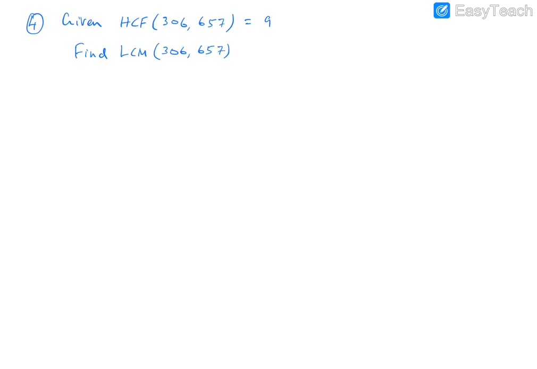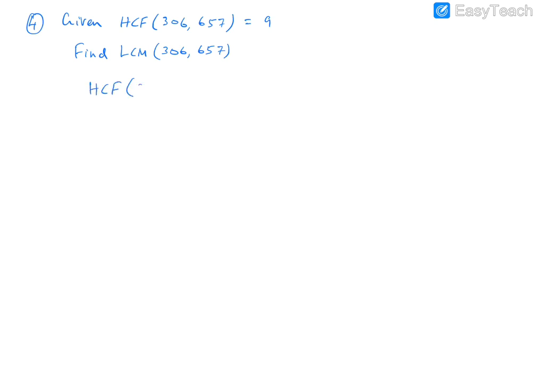Okay, this is a fairly straightforward one. You're given the HCF of the two numbers as 9, and you're asked to find the LCM. Because it's two numbers, we know that the product of the HCF and LCM is equal to the product of the numbers.